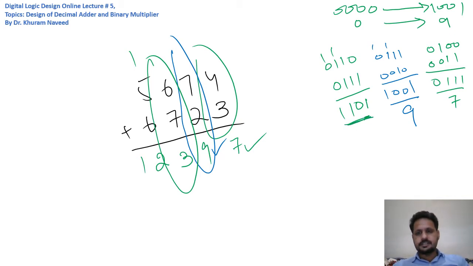So one thing is clear, that this number is greater than 9. We may not be able to interpret it yet, but it is greater than 9, because in binary it is actually the binary of 13, right? So it means in the next addition, when we perform it, we will have a carry.